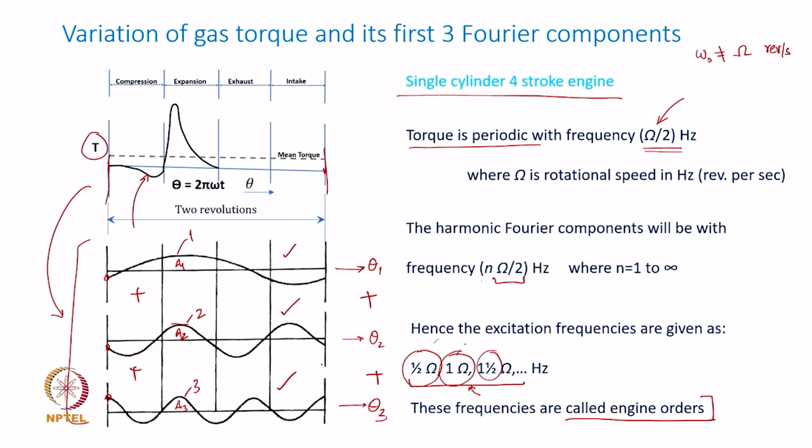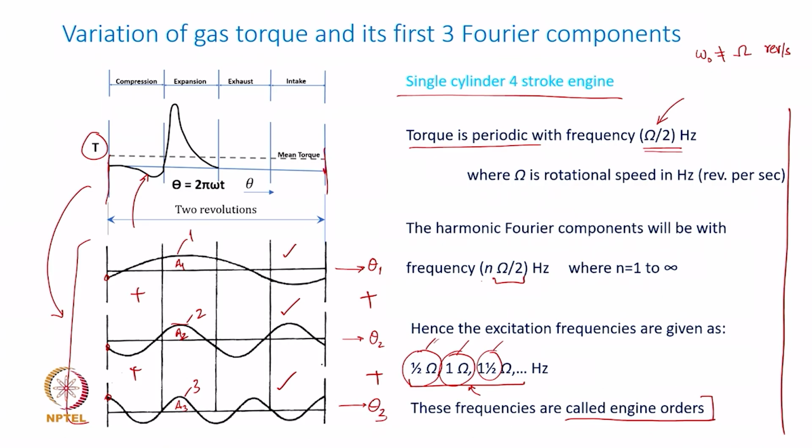So, this is half engine order, this is engine order, and 1.5 engine order, and so on. So, you should understand this part clearly, so that when someone says engine order, you are aware of what that engine order means. Okay. And it of course applies to this particular case.